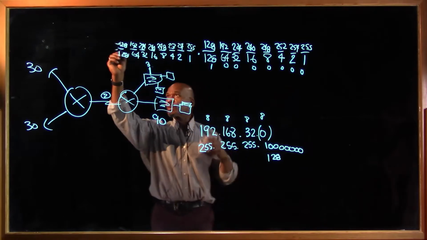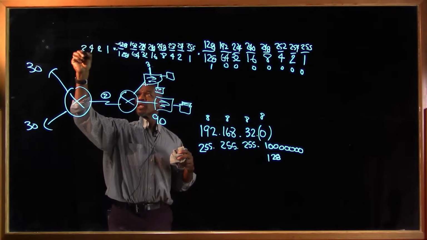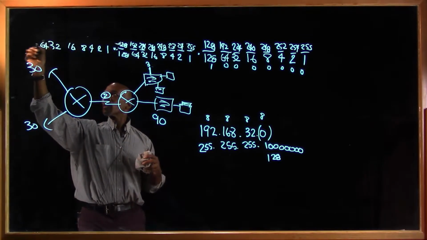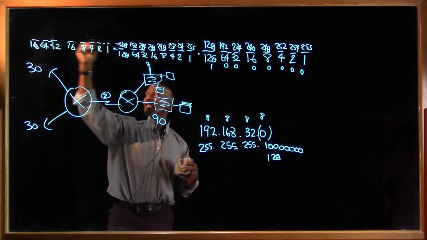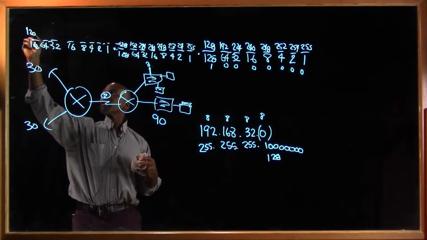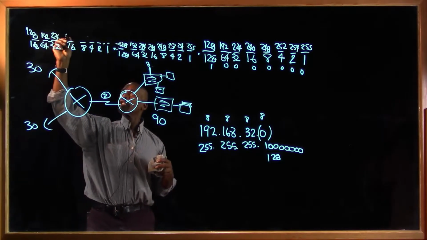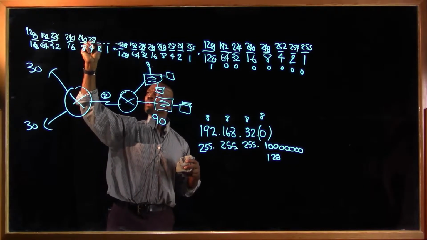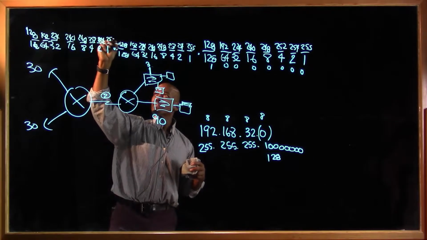And now, just back to this: 1, 2, 4, 8, 16, 32, 64, 128. Same: 128, 192, 224, 240, 248, 252, 254, 255.